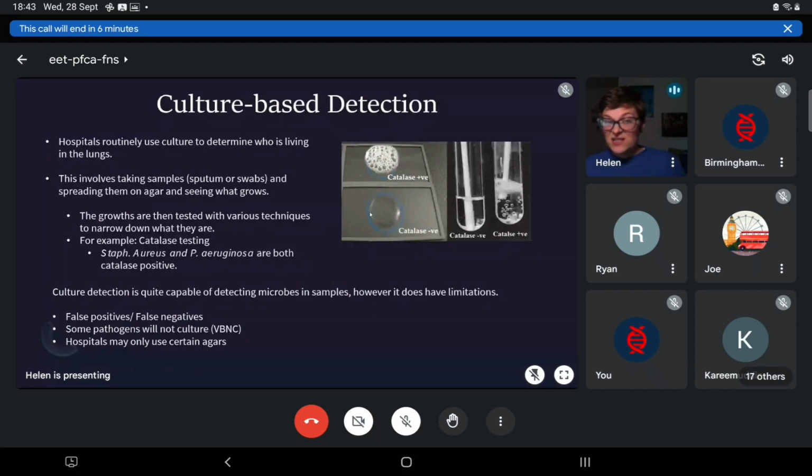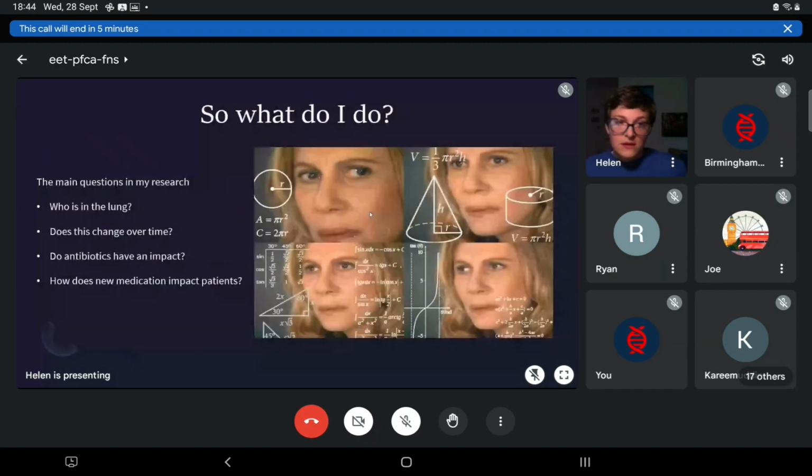Some hospitals might decide to do a little extra. Some hospitals may have found something in the past and decided, you know what, we're going to use this specific agar as well. And that just means that each hospital has a different range of tests and a different range of agars and a different range of results that come out of them, which can make collaborating data really, really difficult.